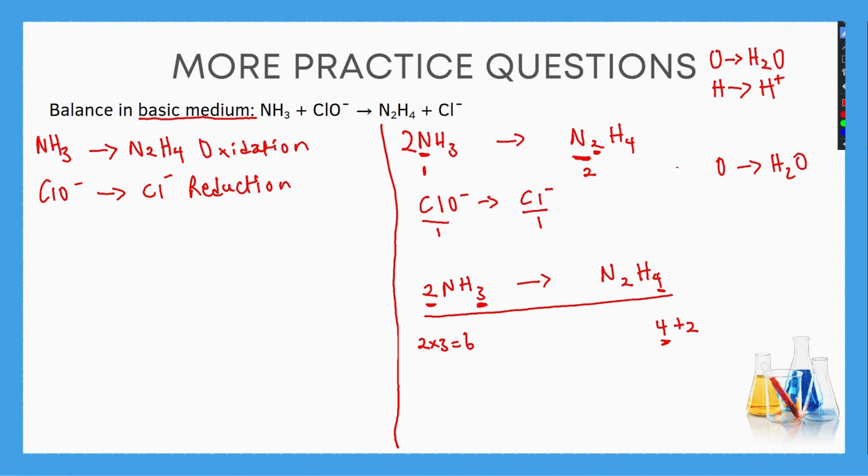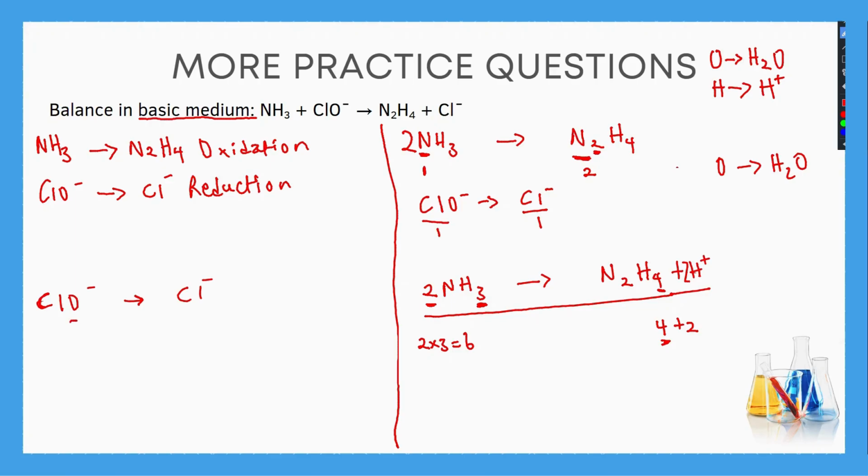So what do we do? We simply add 2H plus ions. Did you see how this was done? We simply add 2H plus ions. Now for the other equation, we have ClO minus giving us Cl minus.